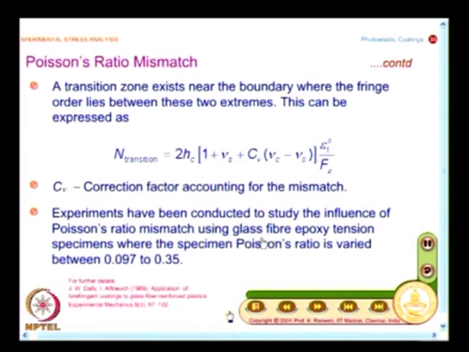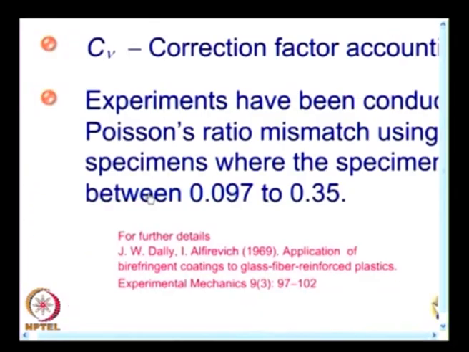When you use a composite, by changing the volume fraction of the fiber, it is possible to change the Poisson's ratio, and further details you could get from the reference here. It is by Daly and Alferwich, published in 1969. You have application of birefringent coatings to glass fiber reinforced plastics.